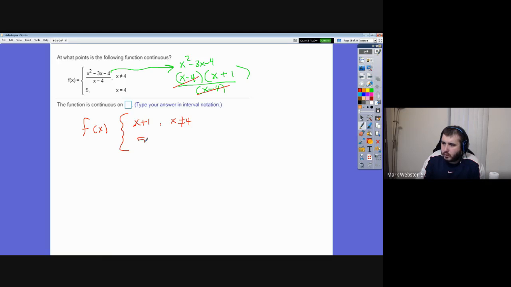But here, when it's 4, the answer will be 5. If this has a discontinuity anywhere, it's going to be at 4, right? That's the only place that it's going to have a discontinuity, because this is a rational function with a hole at 4. And then it's a break at 4. And so we need to figure out whether or not this 5 sort of follows the pattern.